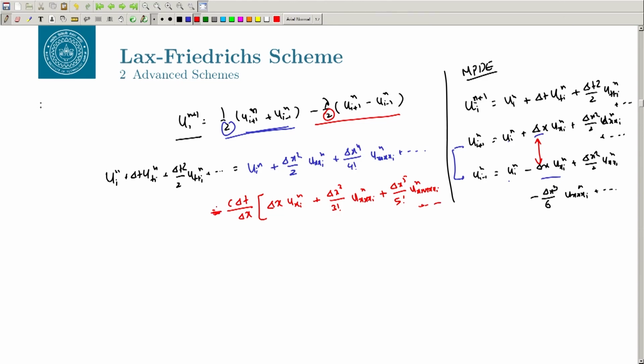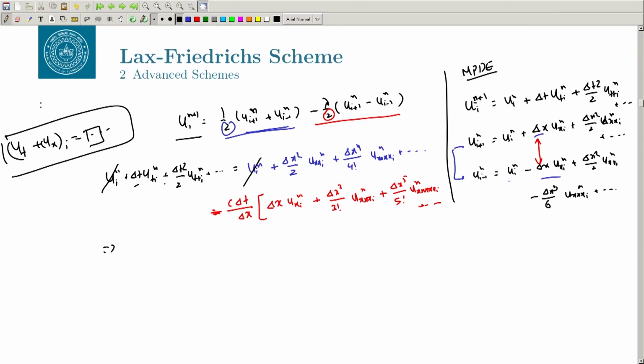Okay. So, what we need to do, we need to write in a form which is basically u_t plus c u_x equal to something, right, and then we are trying to find out what is my leading truncation error. Okay. That will give us the modified PDE equation. So, this u_i^n will cancel out, and I will divide by delta t everywhere.